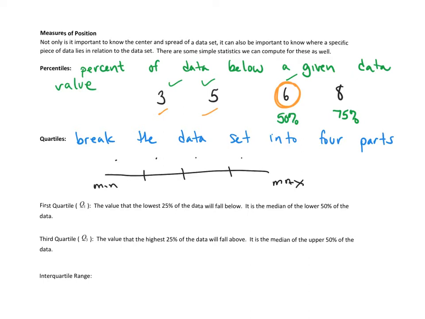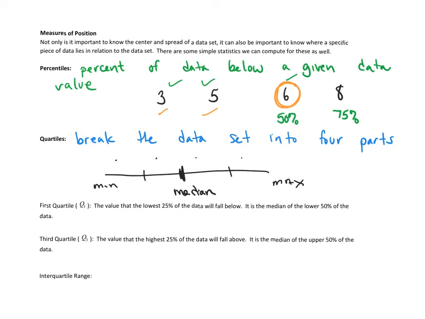The middle one you should know, because it's the value that cuts the middle 50%, that is the median. We've talked about that before. Then we have a couple of values that cut the bottom 25 and the top 25, and we call those the first and the third quartiles. The first quartile is the value that the lowest 25% of the data will fall below.